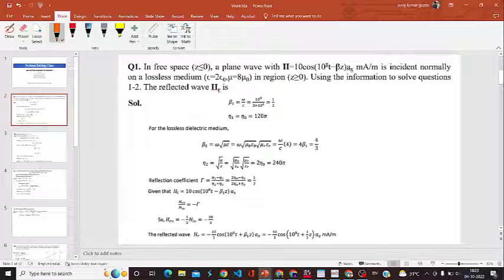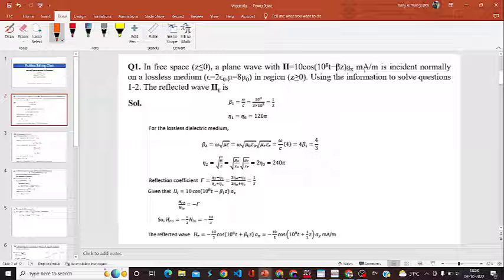First of all, we can see that the amplitude of the magnetic field is 10 milliampere per meter, and the angular frequency is 10 raised to the power 8 radian per second. The phase constant beta is not given, so we have to find it.